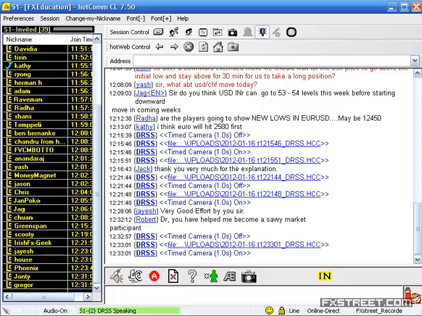Then, rather, other players may show new lows in euro, maybe 1.2450. See, anything is possible in the market if they find plenty of stops there and find it a great buy opportunity. Because otherwise, if you are asked to sell, you are not selling.